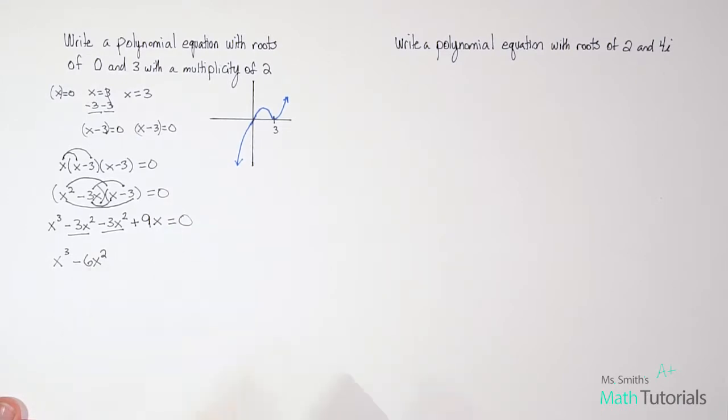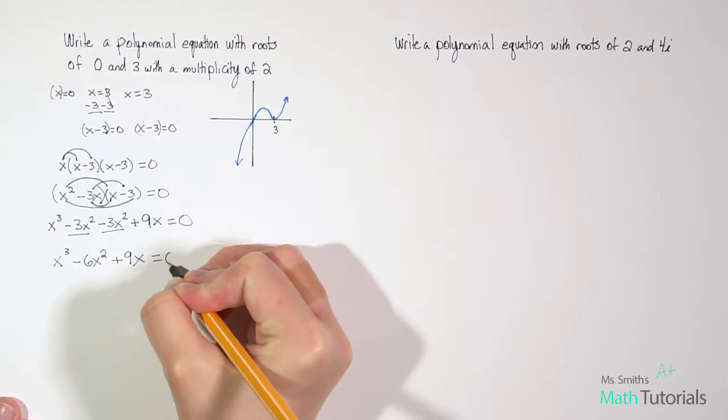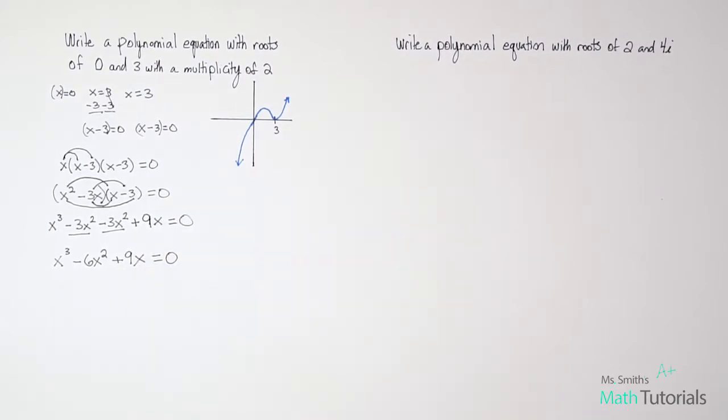And then we have this plus 9x equals 0. Just double checking back through, we had an x cubed as our degree, which makes sense because we had 1, 2, 3 answers. So this is definitely a cubic function. Okay, let's look at another one.